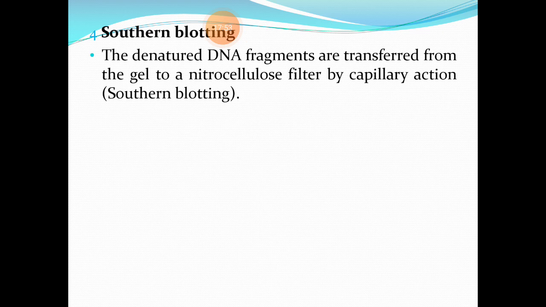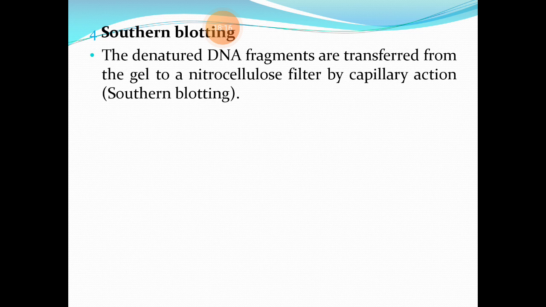Then you go for Southern blotting. I will explain the procedure now and later will show you the schematic representation. The denatured DNA fragments are transferred from the gel to a nitrocellulose filter by capillary action, that is called Southern blotting.